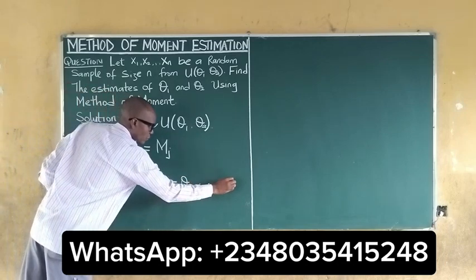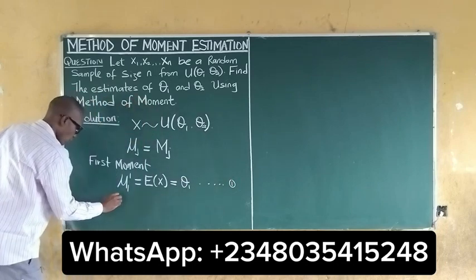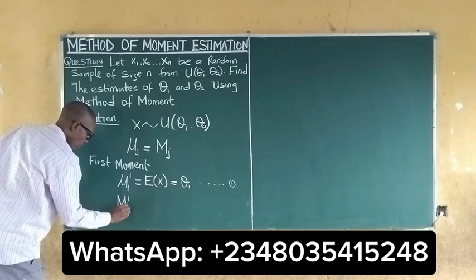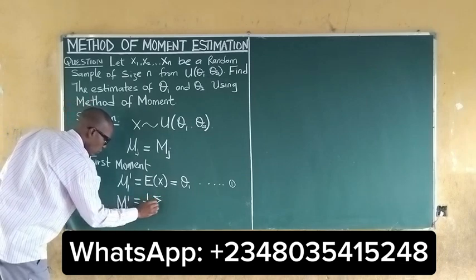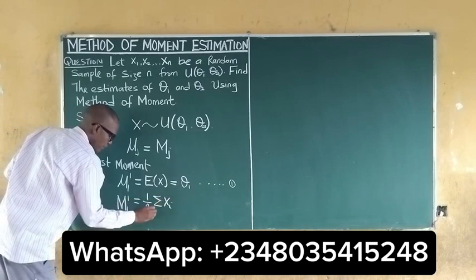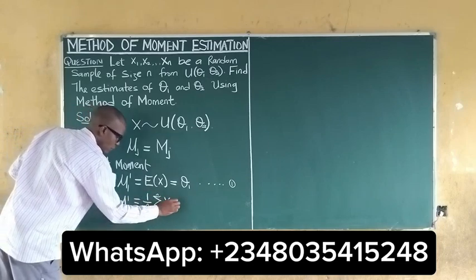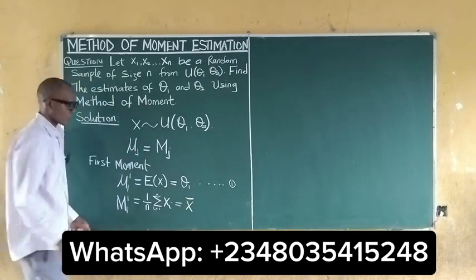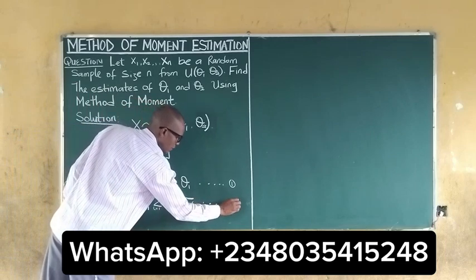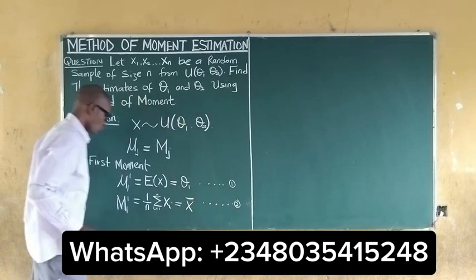We take this as our equation 1. Also, the sample mean is equal to 1 over n summation of xi, i running from 1 to n, which is our sample mean. We take this as our equation 2.